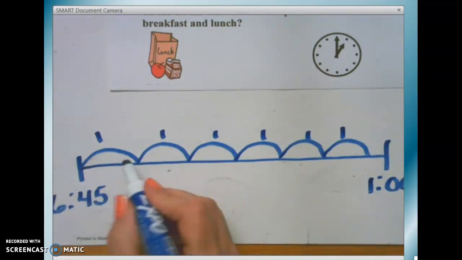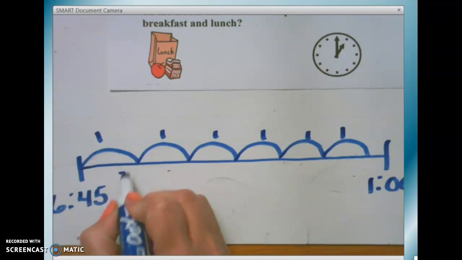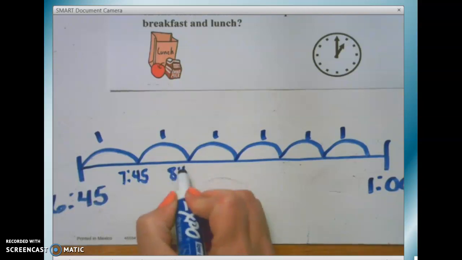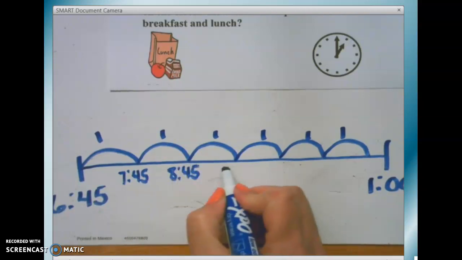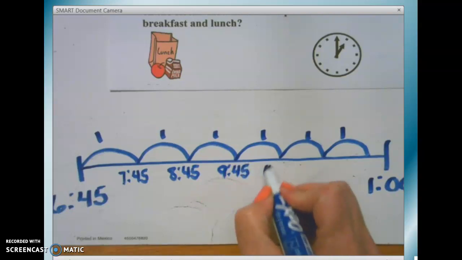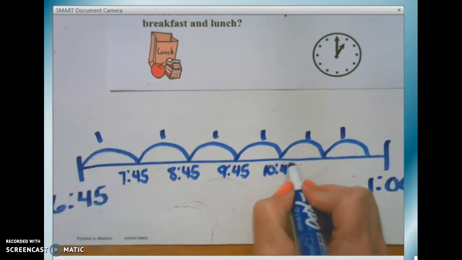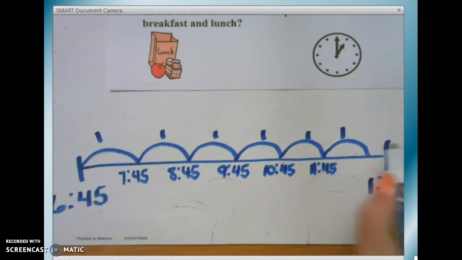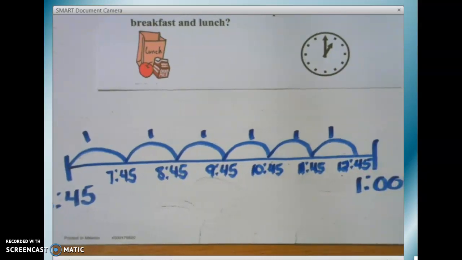Now we know that this is 6:45, 7:45. Another hour is 8:45. Another hour is 9:45, 10:45. Another hour is 11:45. Now we're at 12:45. We're trying to get to 1 o'clock.